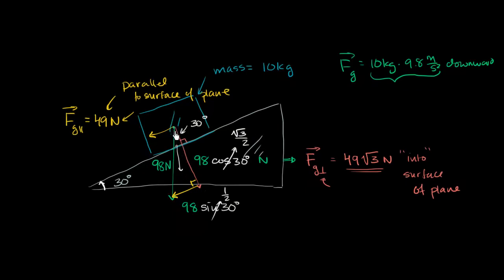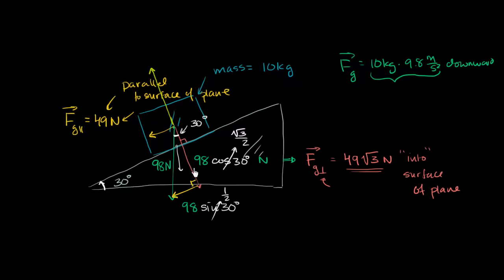When I talk about this dimension, I'm talking about the direction that is perpendicular to the surface of the plane. There will be no acceleration because this wedge is here. So the wedge is exerting a force that completely counteracts the perpendicular component of gravity. You might guess what it's called. The wedge is exerting a force just like that.